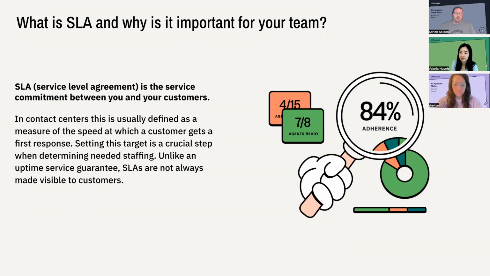And email is that really delayed one, where somebody can send in an email, and a pretty popular time for email response is having a 24-hour first response SLA. So maybe 23 hours and 59 minutes is still meeting that to get the first message out there. Setting that target is definitely a crucial step in determining your needed staffing or your requirements.